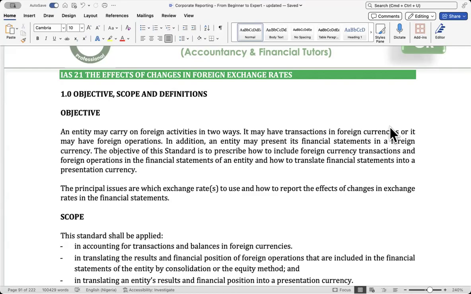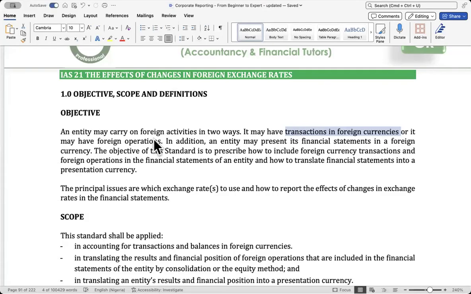That is, you're in Nigeria and you're buying goods in another country and you're looking for another currency. Like what is happening in Nigeria right now, where a lot of us want to buy imported items. That is transacting in foreign currency. And another one is that an entity may have a foreign operation.